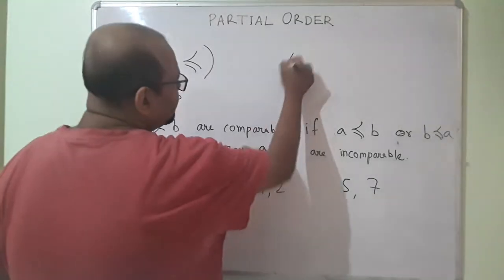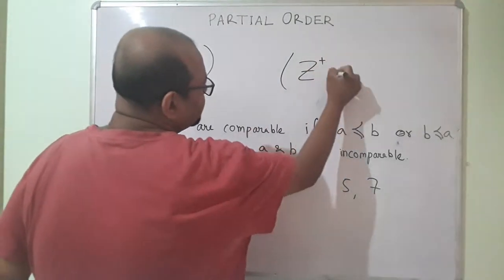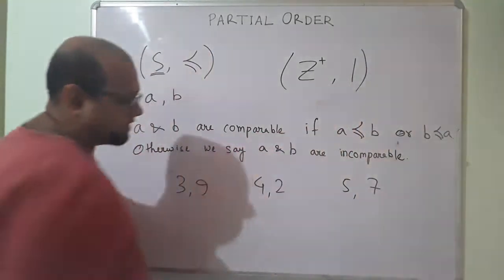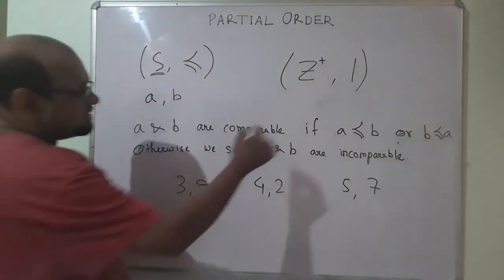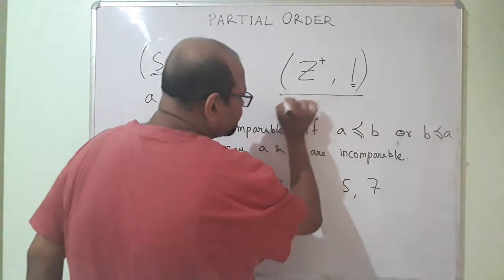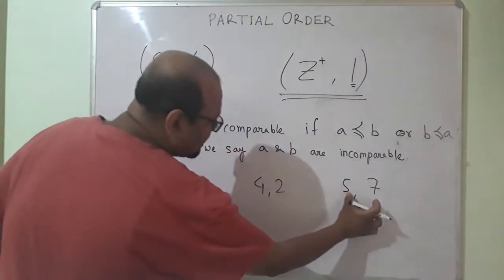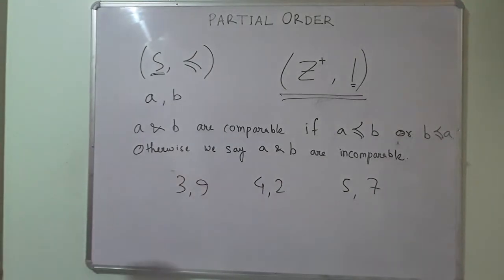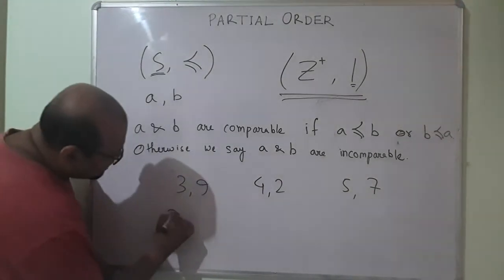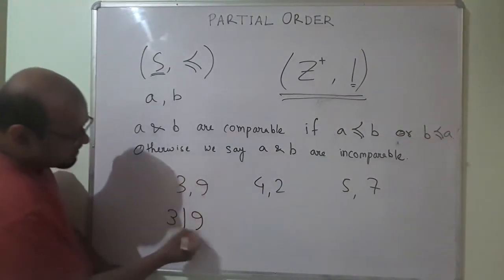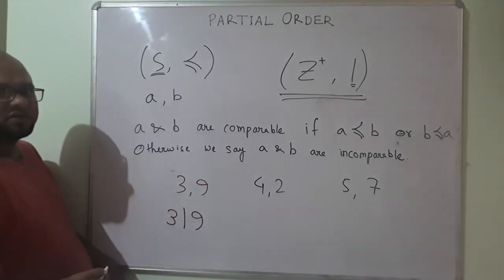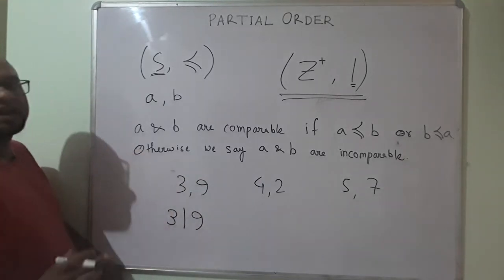My relation given is on the set of positive integers, and the relation is A divides B. So under this relation, given this poset, are these comparable? That is my question. So I know 3 divides 9. So (3, 9) is in my relation. So 3 and 9 are comparable.